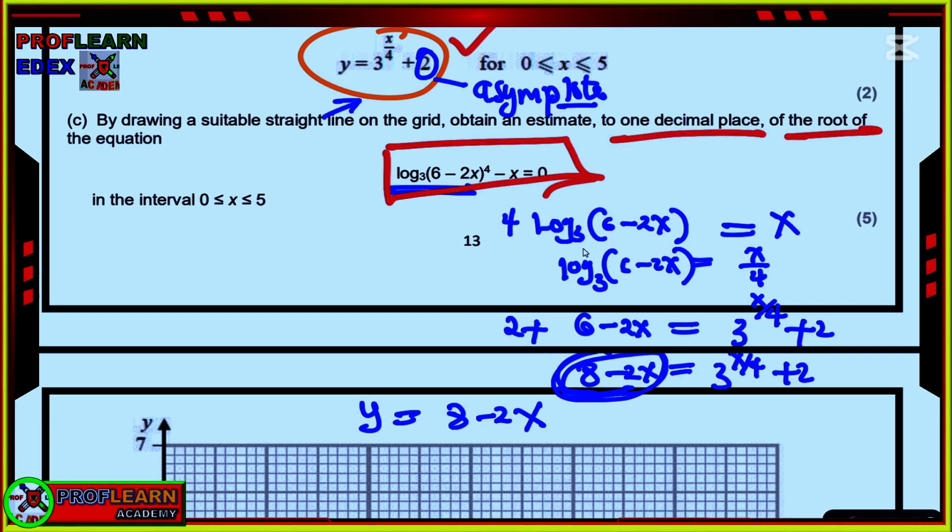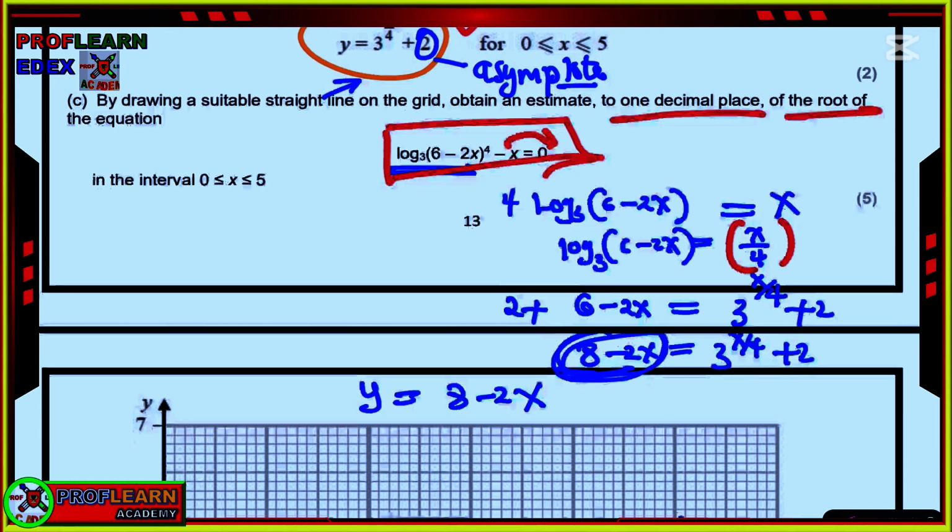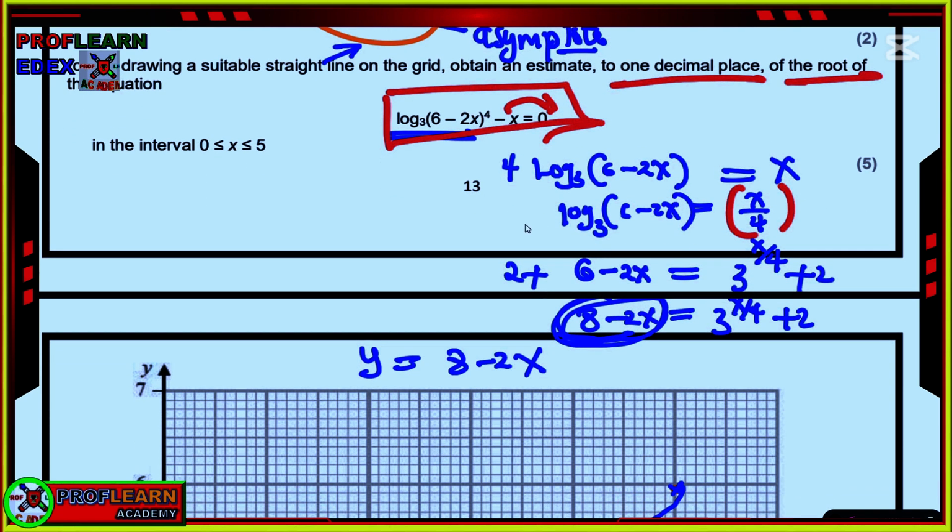You are going to take the x that we are having here on the other side and then divide, and take the power down using the rules of logarithm. You take the power down, divide by 4 both sides, you shall have this kind of equation. And now express whatever we are having here in index notation, so that this is going to be 3 raised to the power of this number that we have, and we shall remain with basically 6x minus 2x.